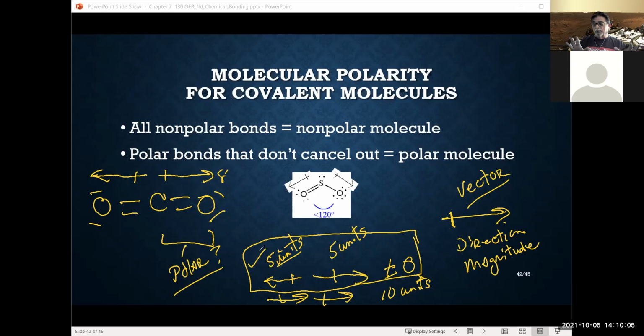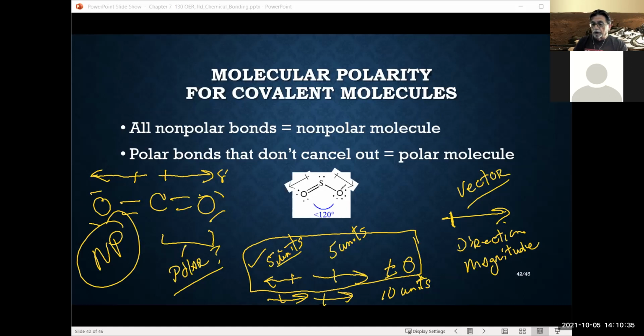That part's not important, but you can recognize that the arrows have direction and magnitude, and since they go in opposite directions, mathematically, they cancel each other out. So for carbon dioxide, they cancel each other out, which means I got a non-polar molecule. Even though I got two polar bonds in there, because they cancel out, I end up with a non-polar species.